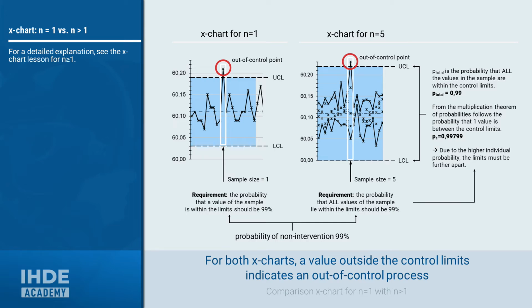With 5 values, the individual probability P1 is 0.99799. 5 times 0.99799 results in P total, which is again the non-interference probability of 99%.